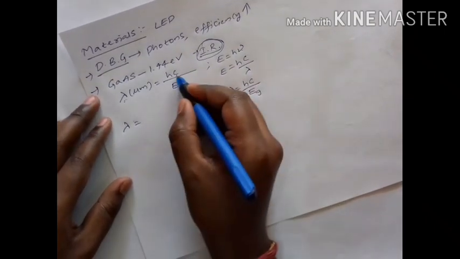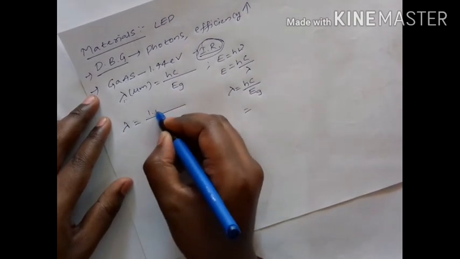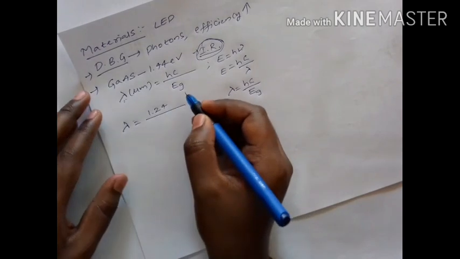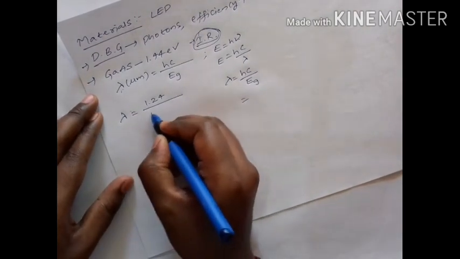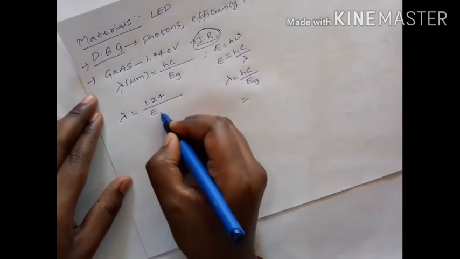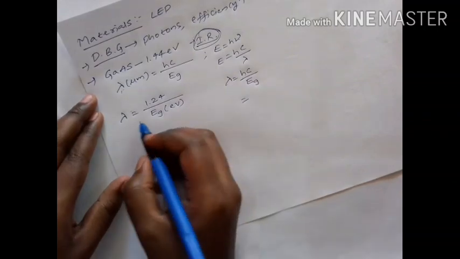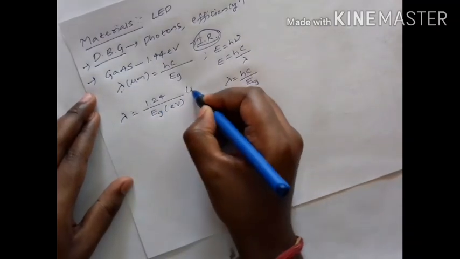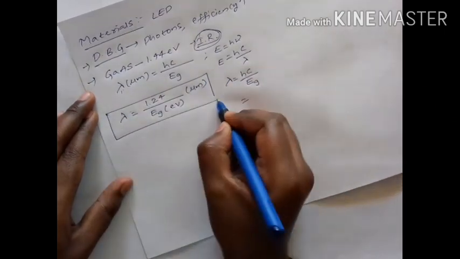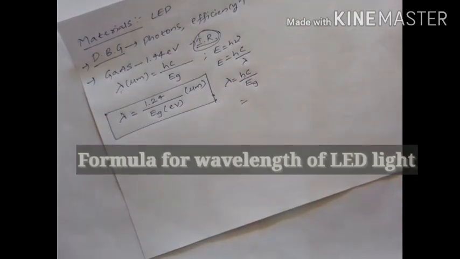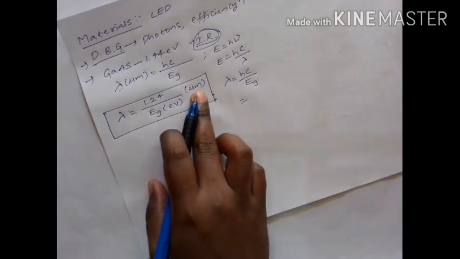So substituting those values and calculating, we will get the formula for the wavelength of the light emitted from the LED as 1.24 by Eg, with Eg in electron volts, and this wavelength is in units of micrometers. So this is the formula to calculate the wavelength emitted from the LED light.